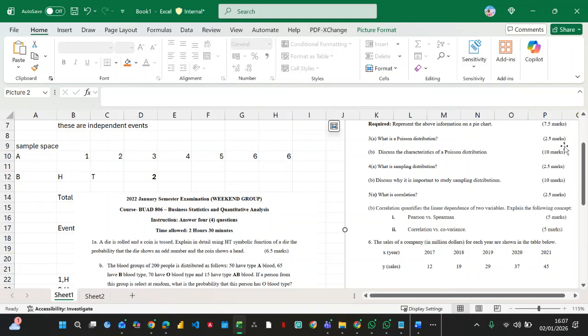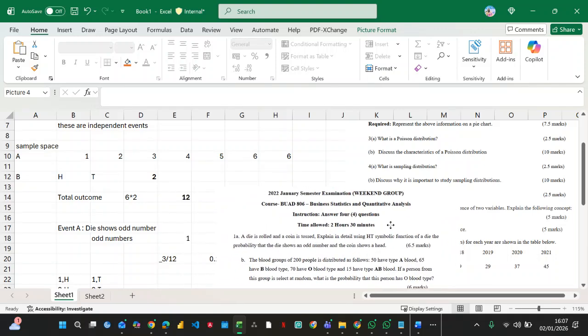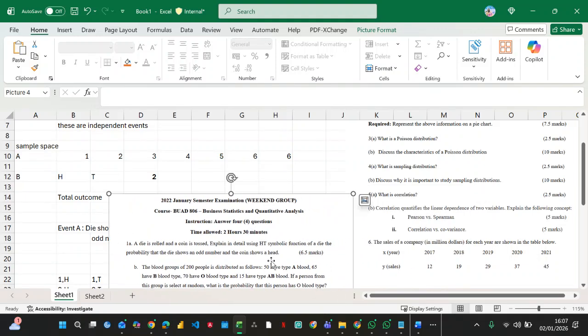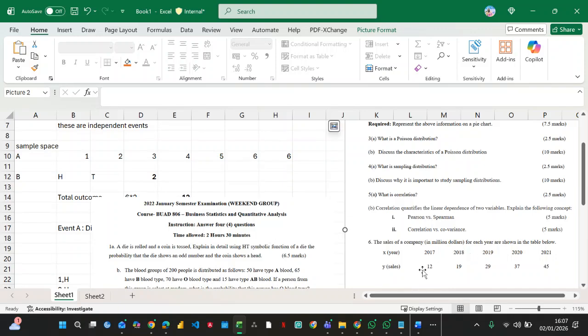Understand? Now, we have our year as the x. We need to code it to say this is one, this is two, this is three, this is four, and this is five.